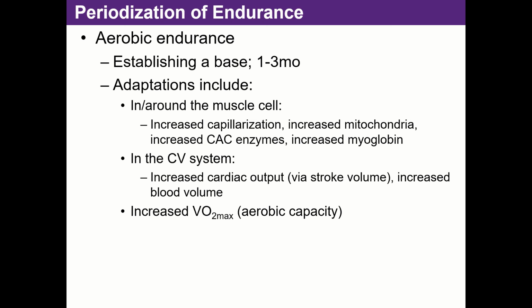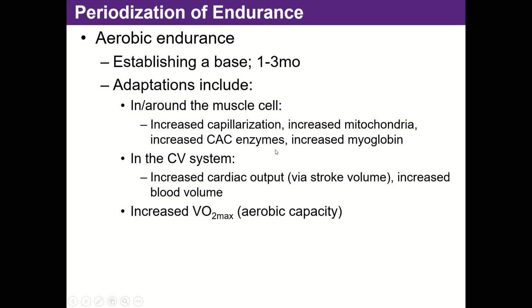That's where, as we talked about back in chapter 1, we generate carbon dioxide, and also where we generate a lot of those hydrogens that we run through the electron transport chain to make ATP, and then we use oxygen to get rid of the byproducts, those hydrogens. So we have more of the enzymes to allow more citric acid cycles to run simultaneously, to produce more hydrogens, which we can then attach to the oxygens that we can get to the cell better because we have more capillaries.